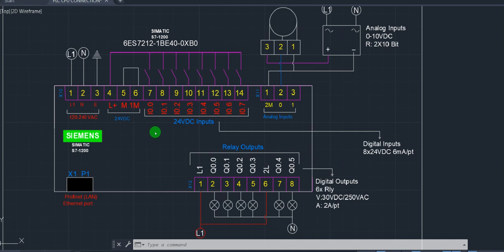So syncing and sourcing means: if you are using positive or live supply for your input bit, your connection will be syncing. If you are using negative or neutral to supply your input bit, that is the switches, what you are doing is sourcing. Now let's go to the control software. Let's do the analysis better.